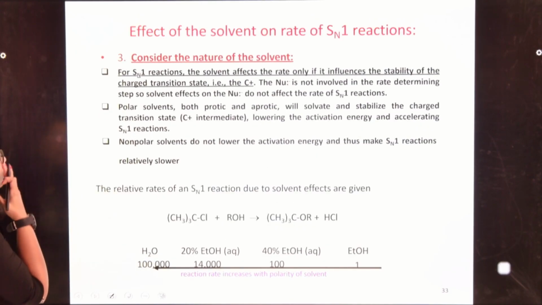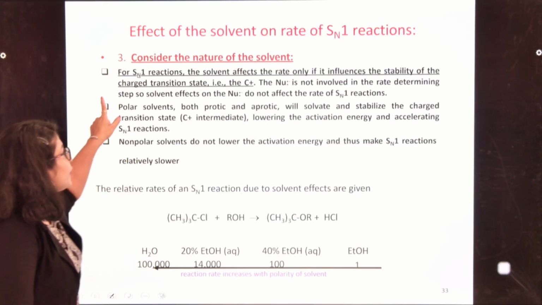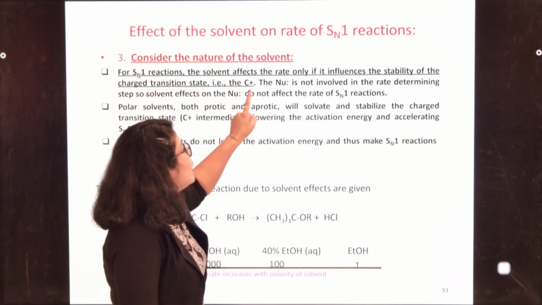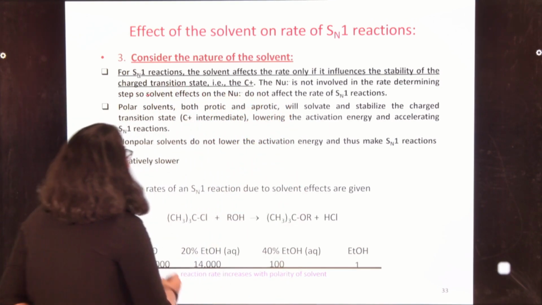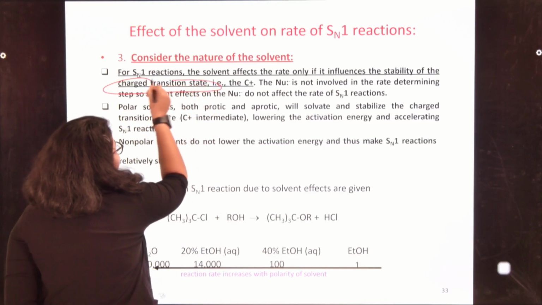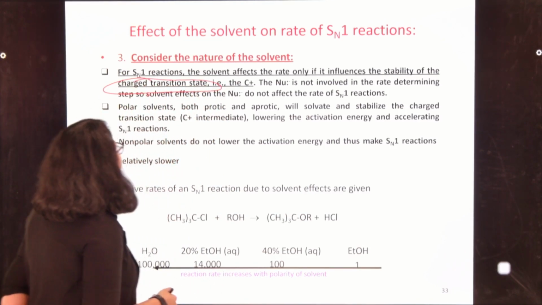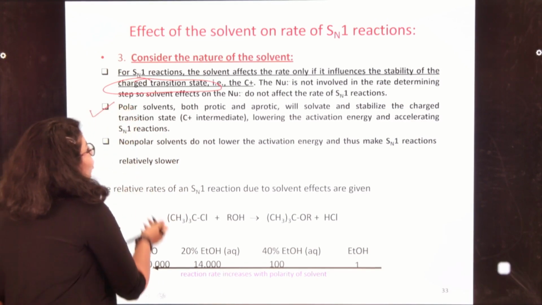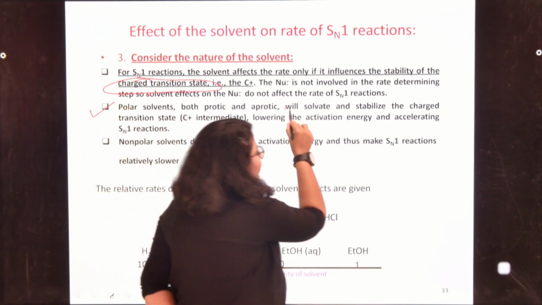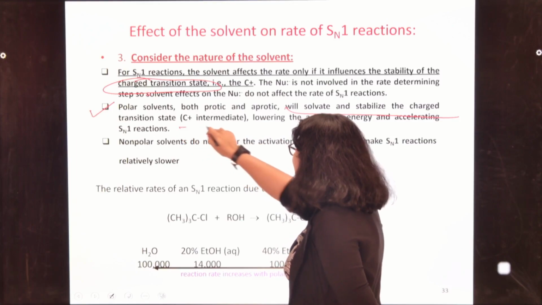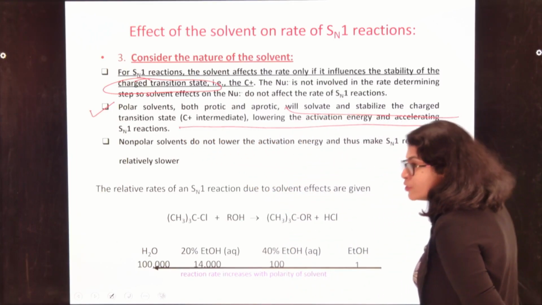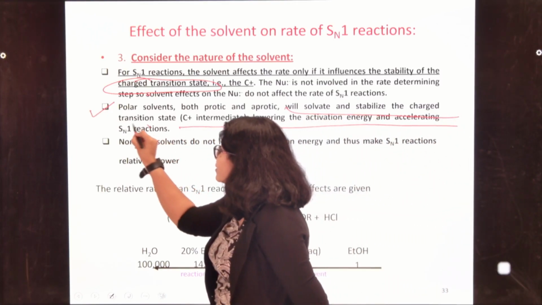Now, looking at the solvent effect for an SN1 reaction, the solvent affects the rate only if it influences the stability of the transition state, which is the generation of the carbocation. The nucleophile is not involved in the rate determining step. So polar solvents, both protic and aprotic, will solvate and stabilize the charged transition state, lowering the activation energy and accelerating the SN1 reaction.